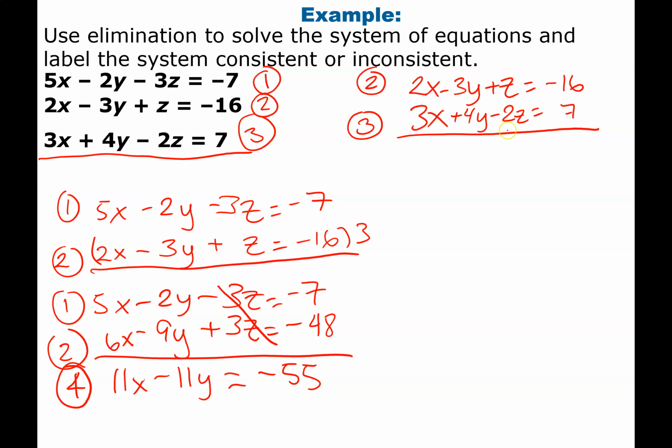Notice that equation 3 has a negative 2. So that means I need to multiply this top equation by a positive 2. The entire equation. So my equation 2 will look like this. 4x minus 6y plus 2z is equal to negative 32. Rewriting equation 3 right below.